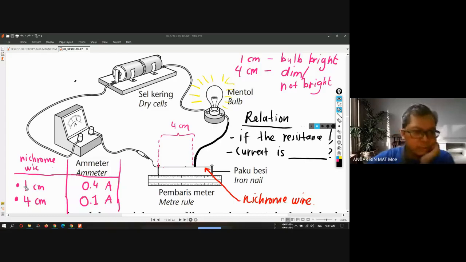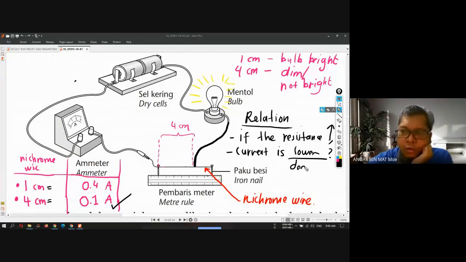Look here. If I use 1 centimeter of nichrome wire, the resistance is low. If I use 4 centimeter of nichrome wire, the resistance is high. So if the resistance is higher, what happened to the current? It becomes lower, or you can write decrease.